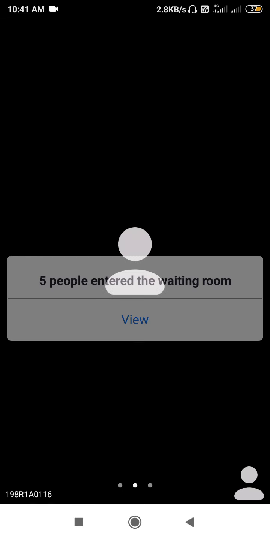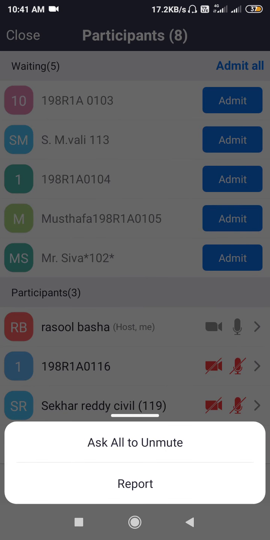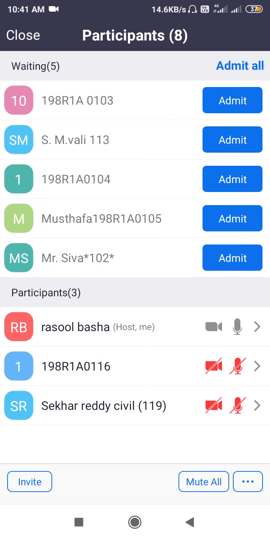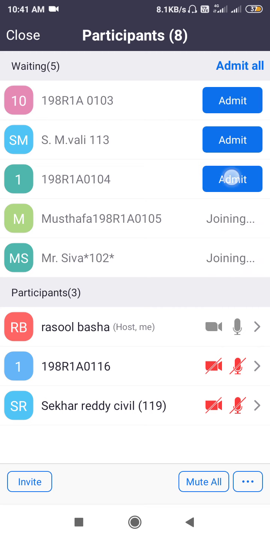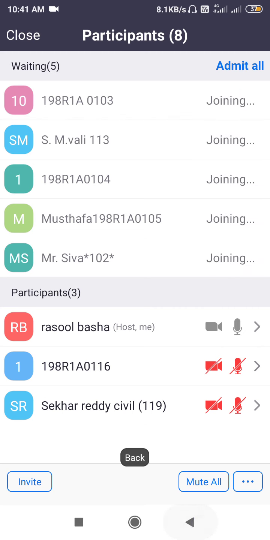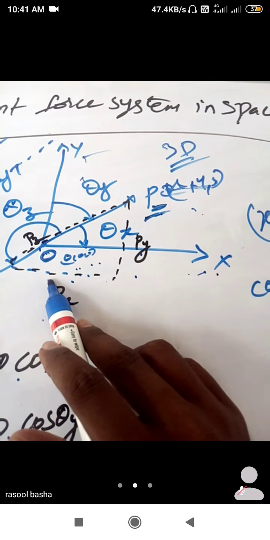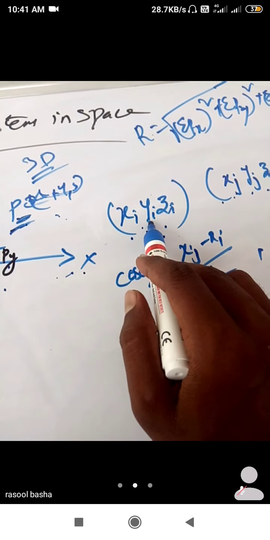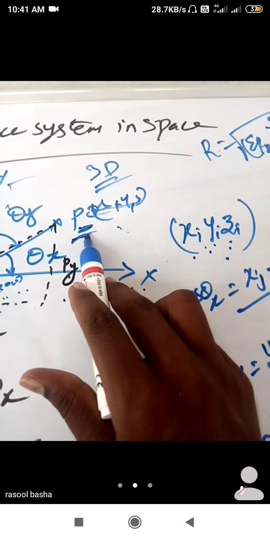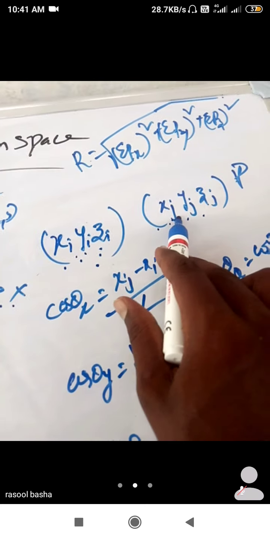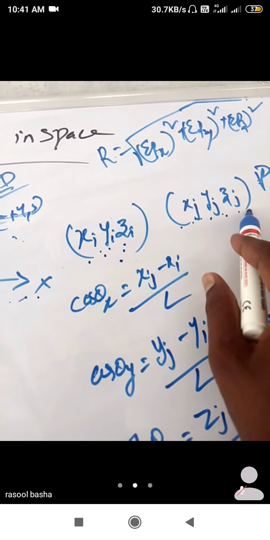So similarly, at the origin I am taking xi, yi, zi, and for the force at P I am taking xj, yj, zj. These are the coordinates at the 2 points.